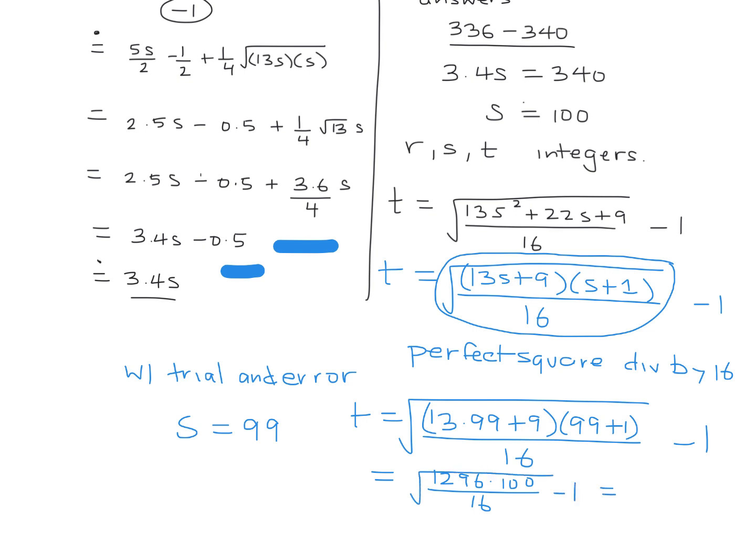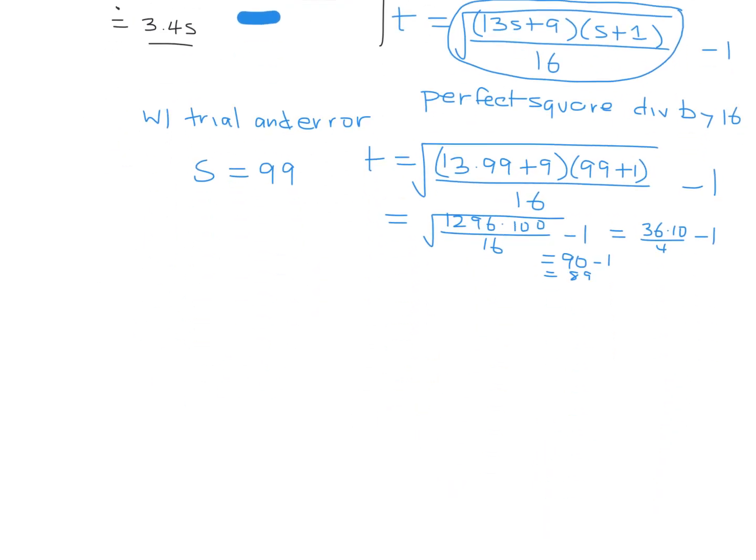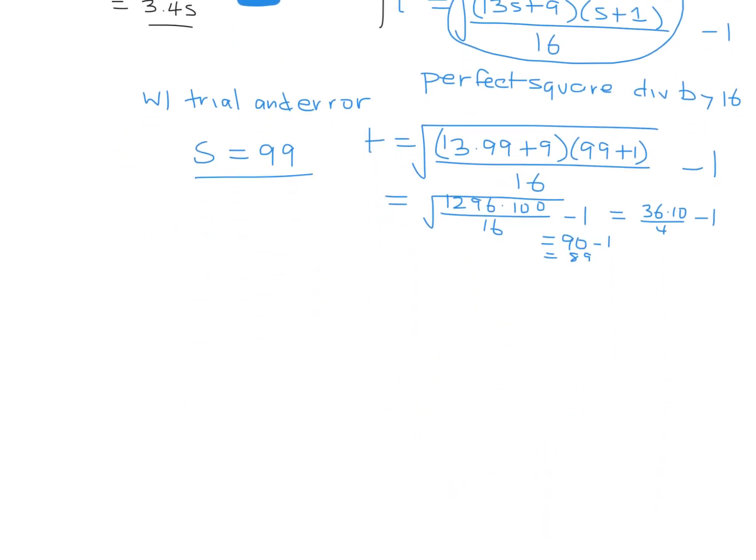That is 36 times 10 over 4 minus 1, which is 90 minus 1, which is, of course, 89. So that works. When s is 99, t is equal to 89.